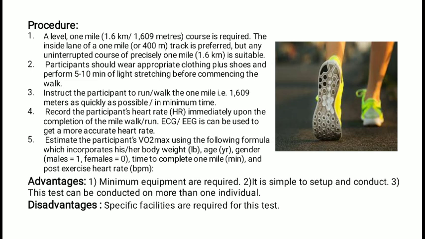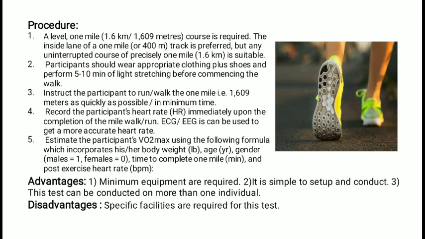Now what are the advantages? The minimum equipment is required. First advantage, very little equipment is required. It is simple to set up and conduct. This test can be conducted on more than one individual. In the APHER test, just as an example, a 600 yard run or walk is given, where they check your cardio efficiency.